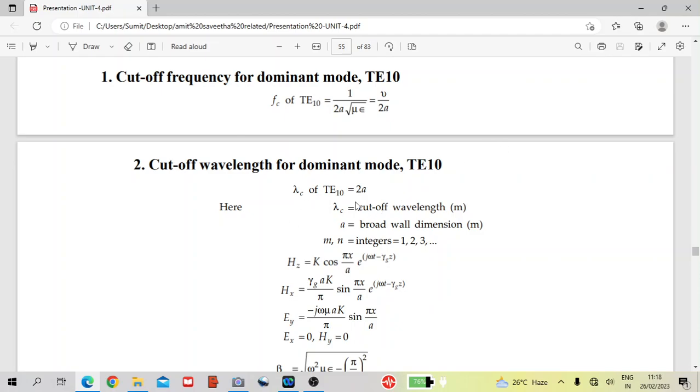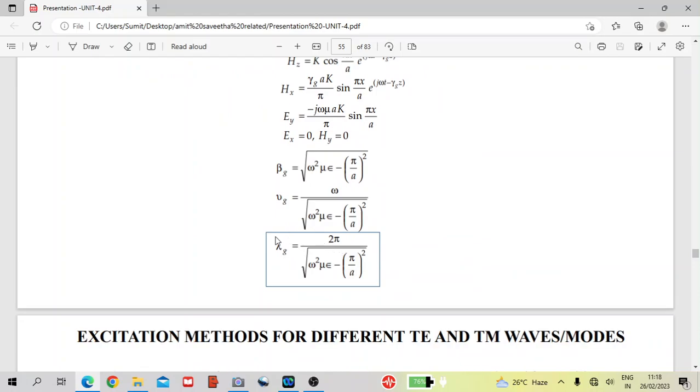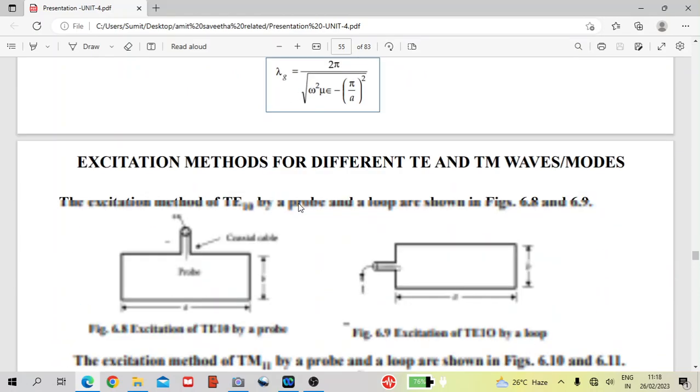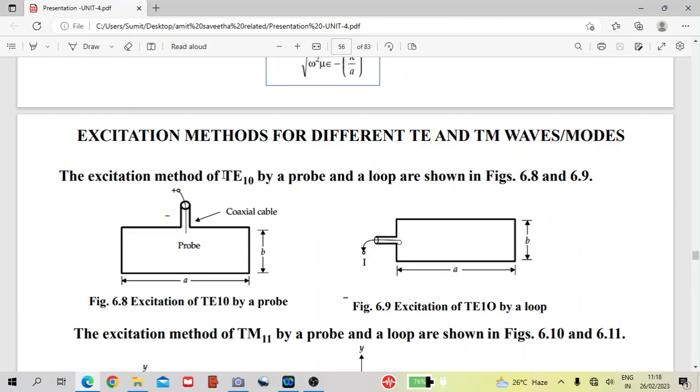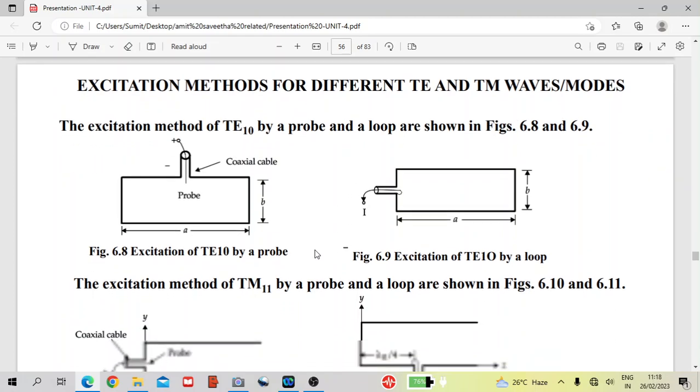So for TE10 mode, again you have the cutoff wavelength, and from there other parameters like group and phase velocity can be calculated. Then we have the excitation methods for different TE and TM waves or modes. Like you can see the excitation method for TE10 mode by a probe. You can see one probe, there is one central conductor, meaning it is acting like a probe, or by a loop.